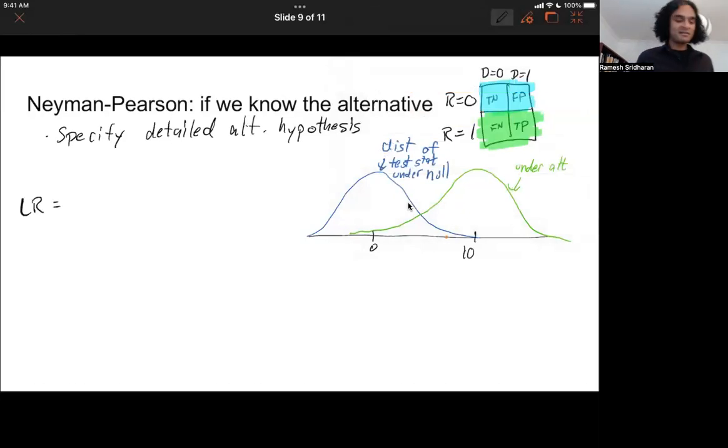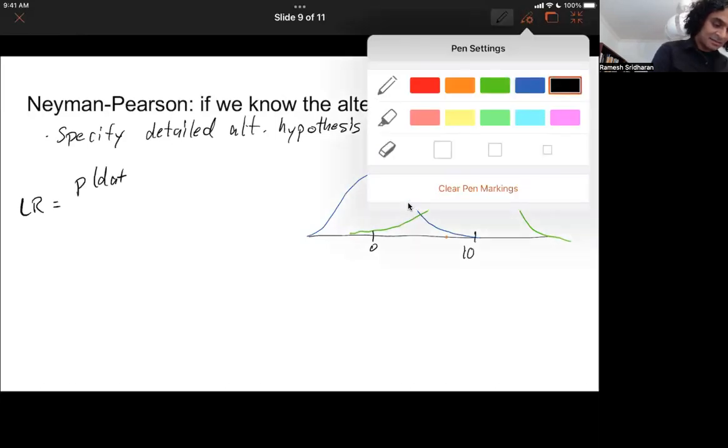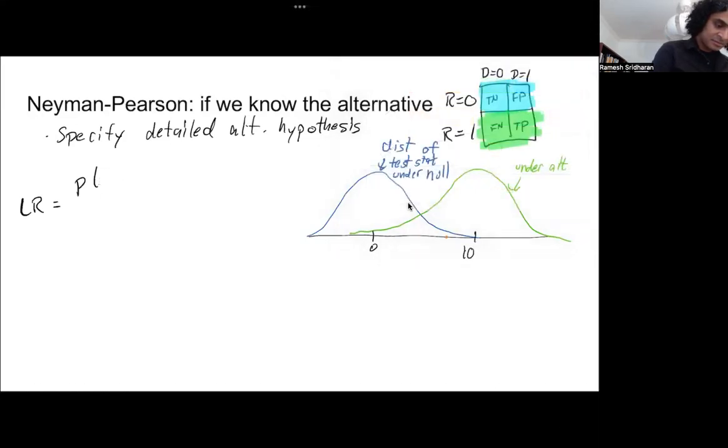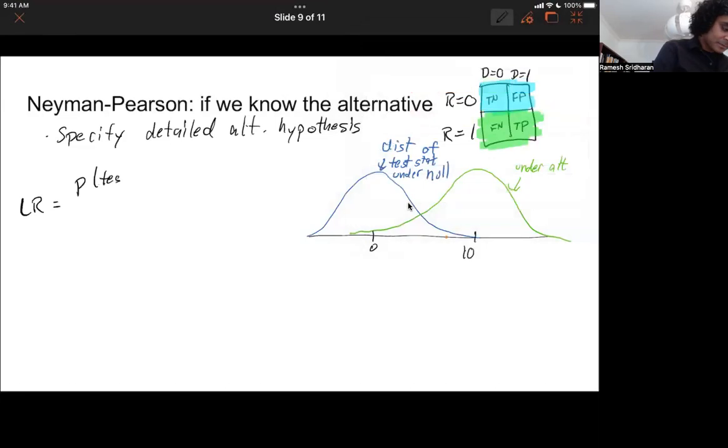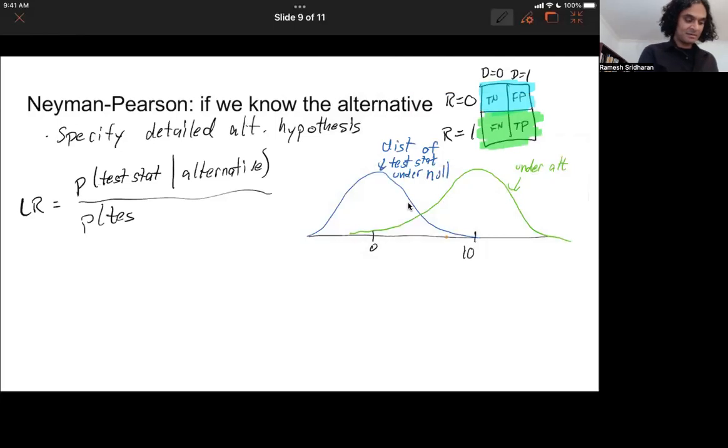For the particular test statistic we get, it's essentially just the probability of getting that test statistic given the alternative, divided by the probability of the test statistic given the null is true.